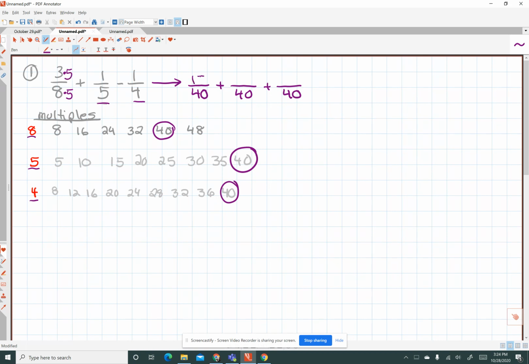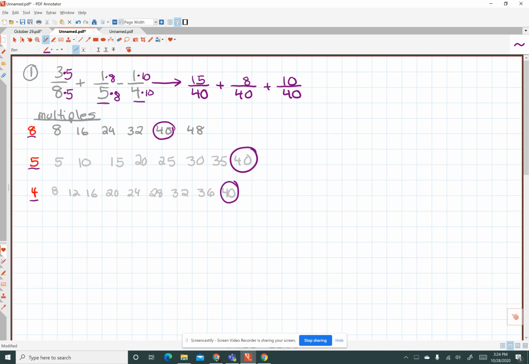3 times 5 is 15. To get from 5 to 40, we multiply by 8. So we will multiply 1 times 8 for 8. And then to get from 4 to 40, we'll multiply by 10. We'll multiply 1 by 10 as well, which will give us 10.